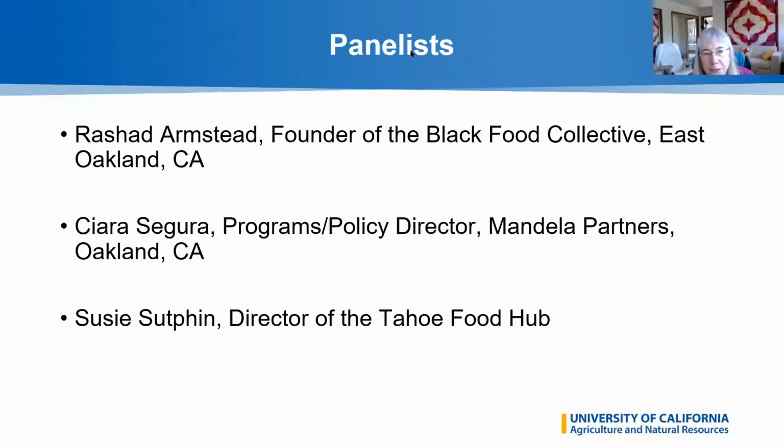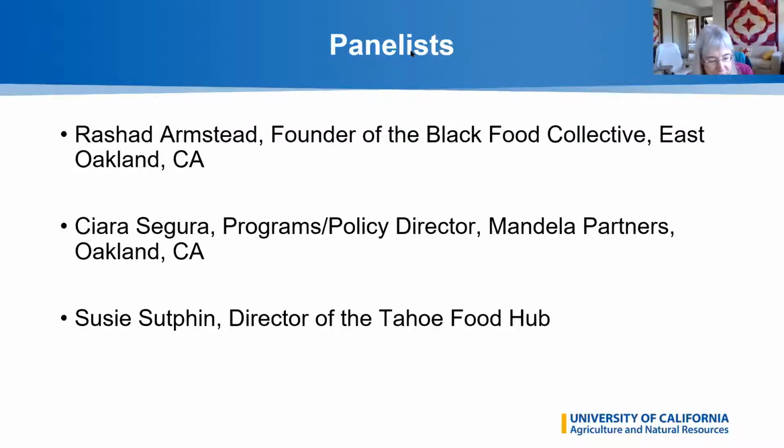First, you're going to hear from Rashad Armstead, who is the, you might not know this, but he is the 2019 Food Network champion for Chopped. He has had a long commitment to cooking and to community. He launched his first restaurant, Crave Barbecue, in 2017 in West Oakland.